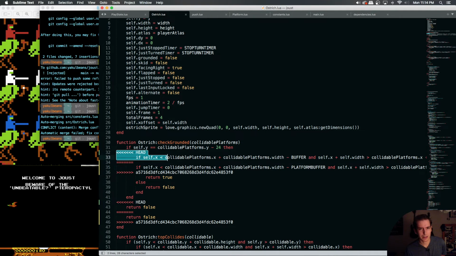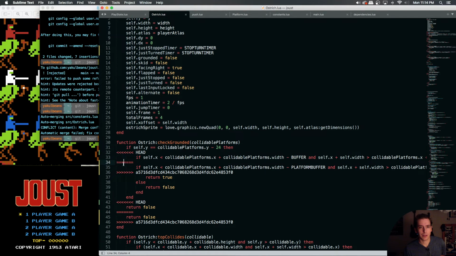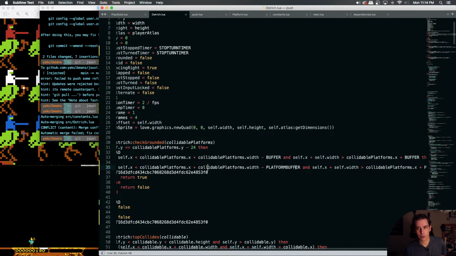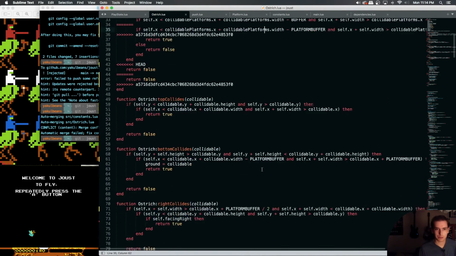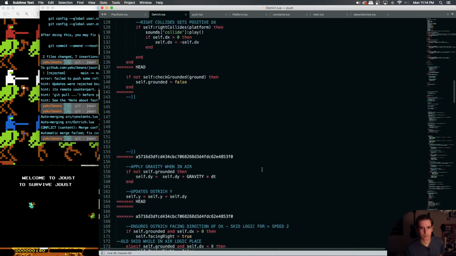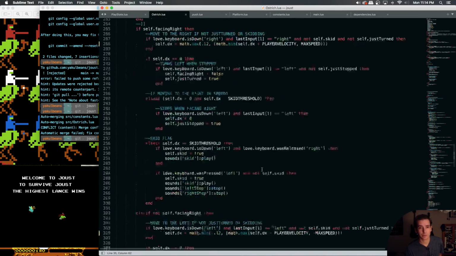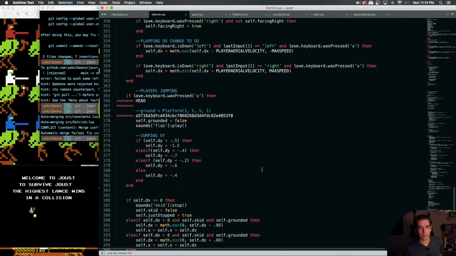I'm pretty sure that HEAD is where my current file was, and then the other part is the merge conflict. So I either need to keep the HEAD code or keep the other code. See how I tried to change platform buffer? That was part of the messed up part. Oh my gosh, okay. There's a handful of conflicts, man.